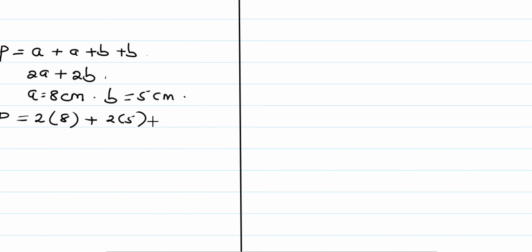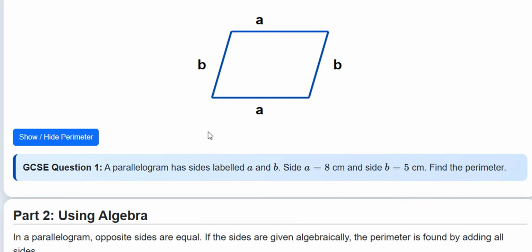So 2 multiplied by 8 is 16, plus 2 multiplied by 5 is 10. So the perimeter becomes 16 plus 10, which is 26 centimeters. And that becomes the perimeter of this parallelogram.